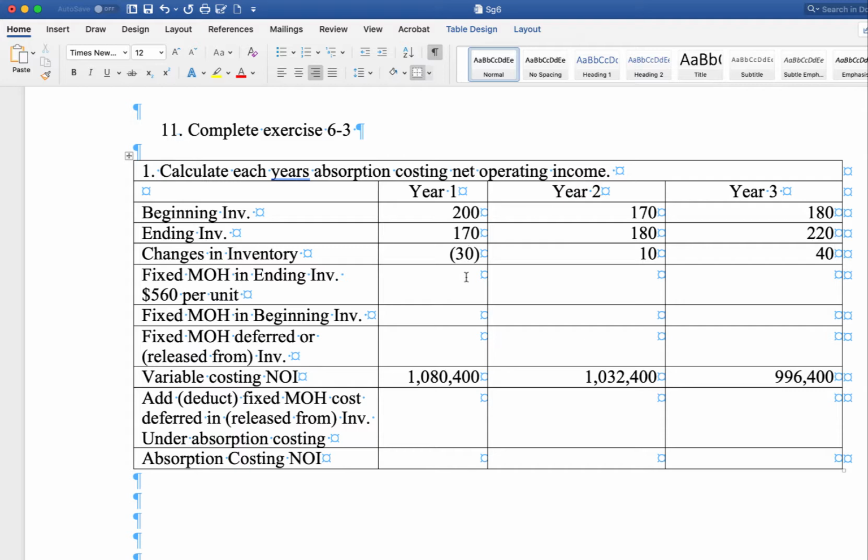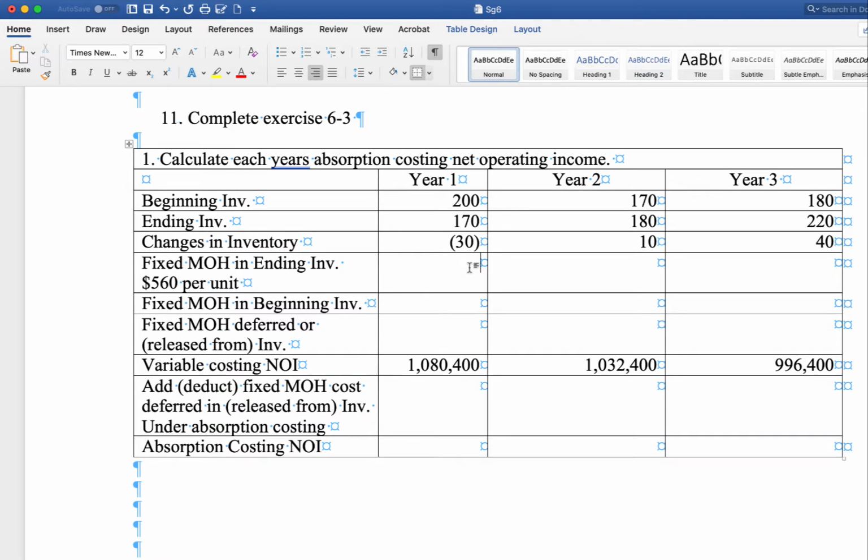Let's look at year one. Year one says we're going to calculate the fixed manufacturing overhead in ending inventory. Okay, well, we ended with 170 units times our fixed MOH, which is $560. That ends up being $95,200.